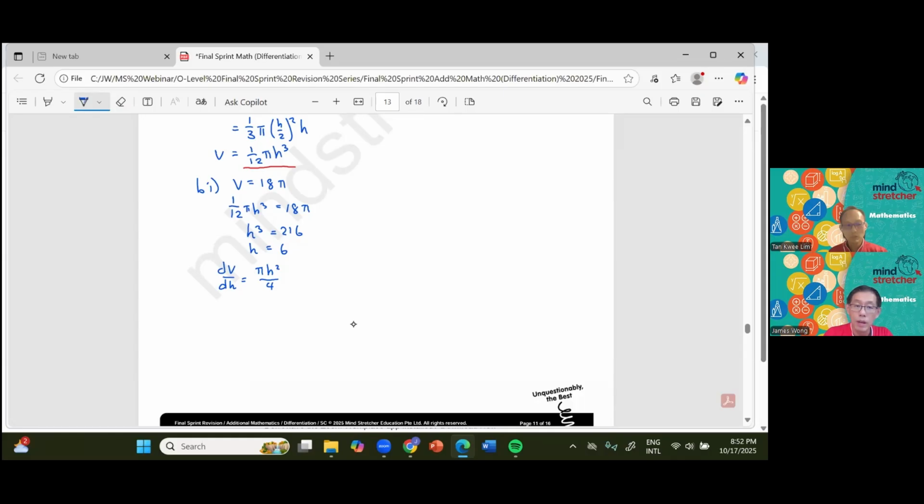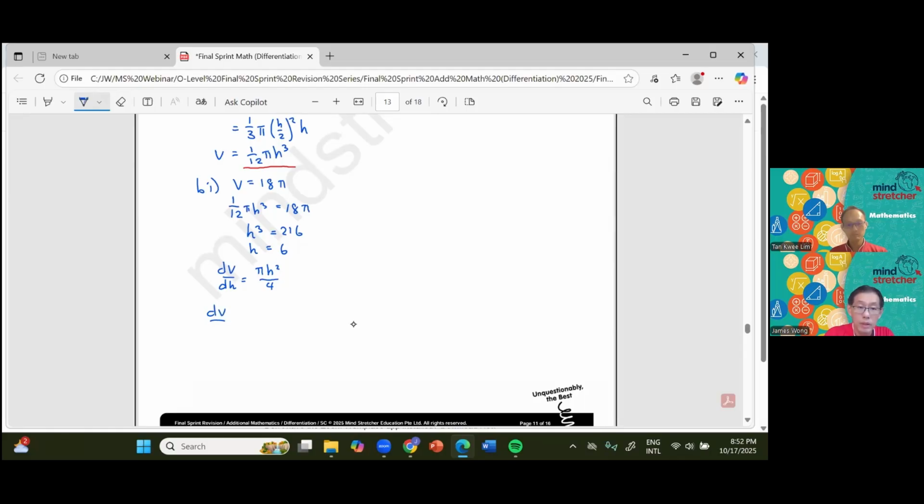So from here, I know my value for dV dH. Okay, so now let's take a look at the chain rule that I'm now trying to form. That will help me to find my dH dt. Okay, so what is the chain rule here? Okay, now you have the, okay, let me write this.